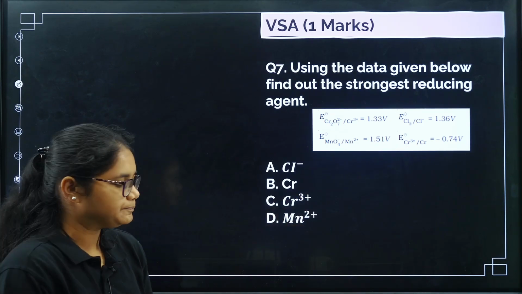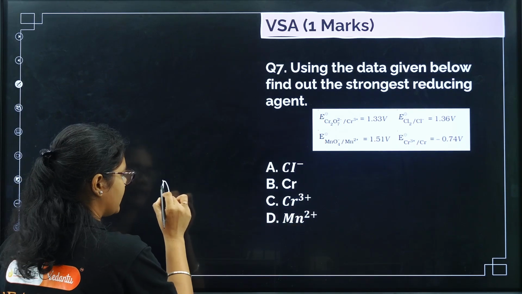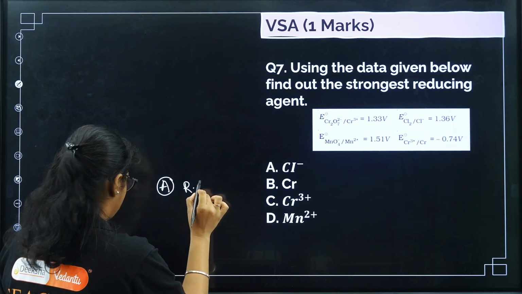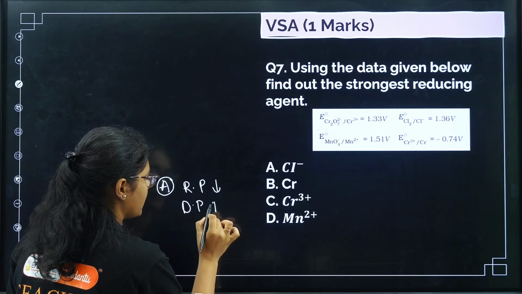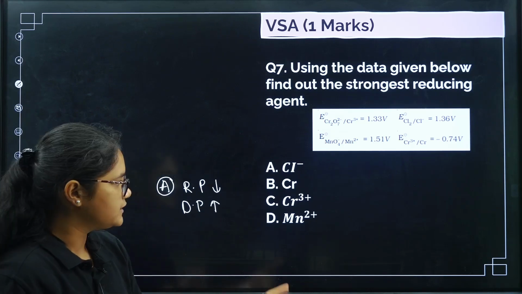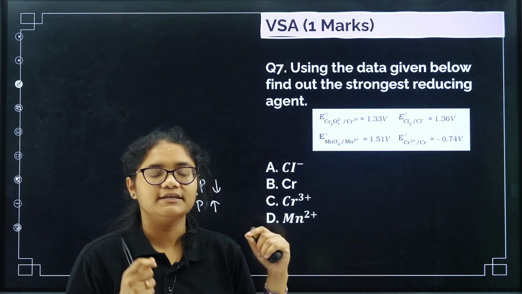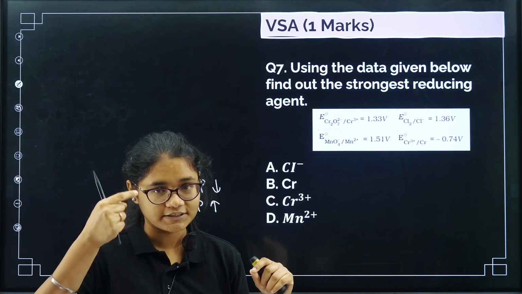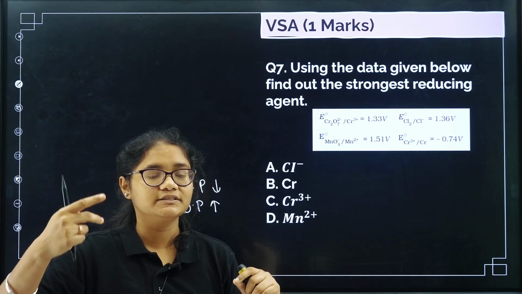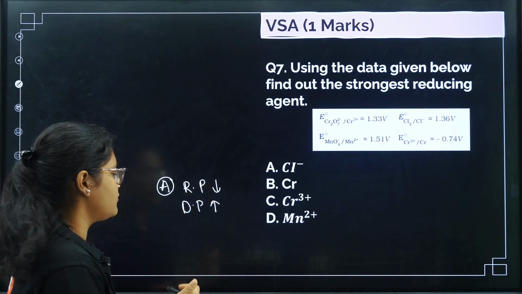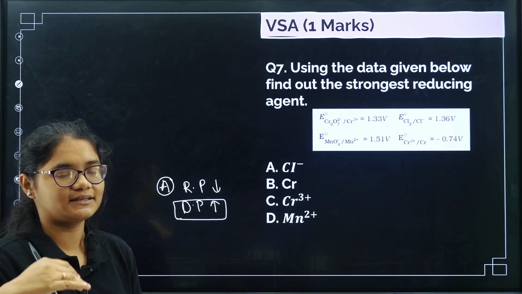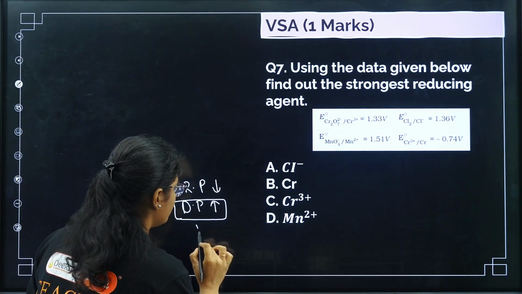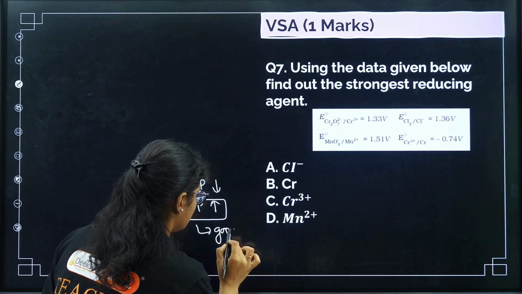For any element, if the reduction potential is low, that means its oxidation potential will be high. If the oxidation potential is high, the tendency to get oxidized is high, then it will be a good reducing agent.